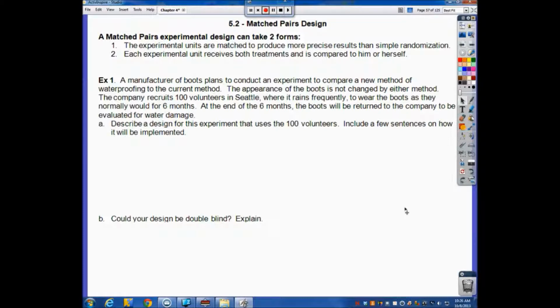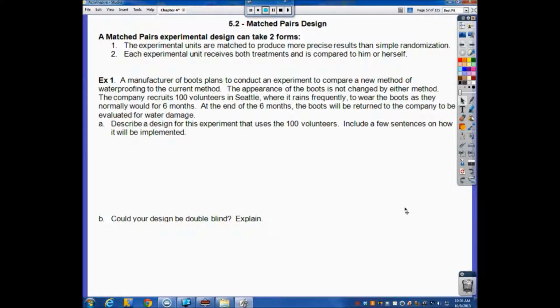So for example, if we were talking about weight loss, we would want to match someone that is about the same build, about the same height and weight, and maybe what other factors you would consider with weight loss, maybe activity like exercise level. You don't want to have someone that exercises a lot matched up with someone that doesn't really exercise a lot, because that could be a lurking variable, the amount of exercise, because it differs.